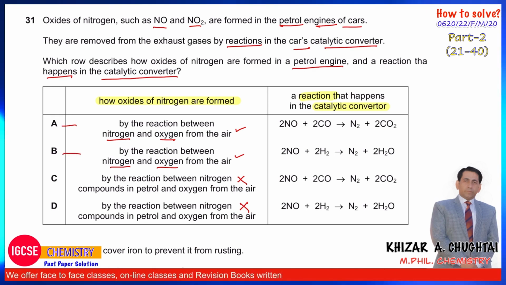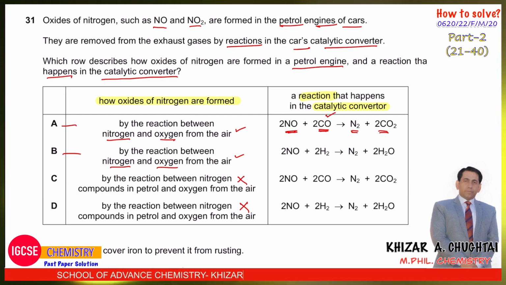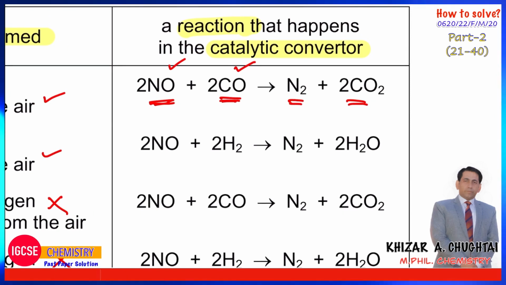Now come towards which one is the correct equation. NO, nitrogen monoxide, reacts with carbon monoxide to make N2 and CO2. Yes, it is correct. Basically, these both are the products of incomplete combustion. So the CO that is formed reacts with NO. This is said to be a redox reaction.